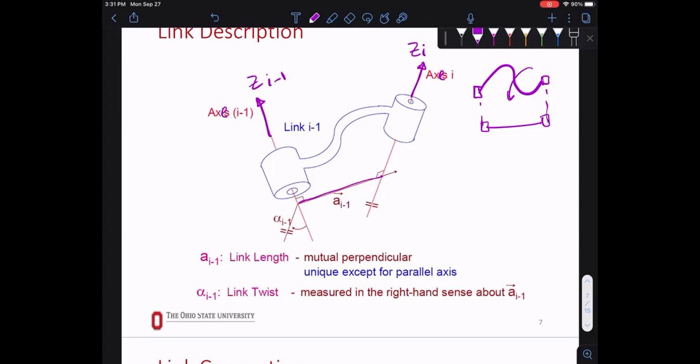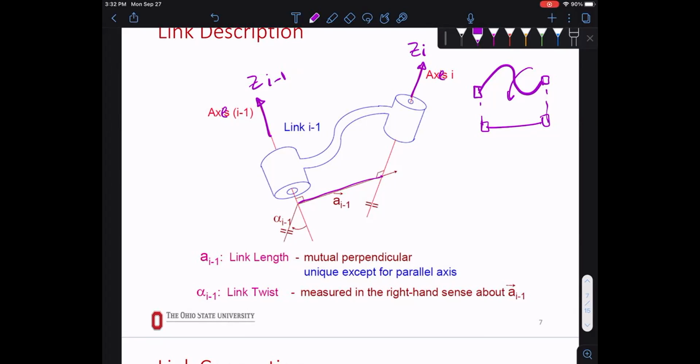Good question. So let's say they're not perpendicular, right? That's just one case. If two axes are like this, can everybody see? What's the distance between them? The mutual perpendicular.